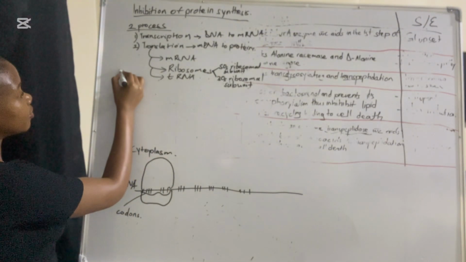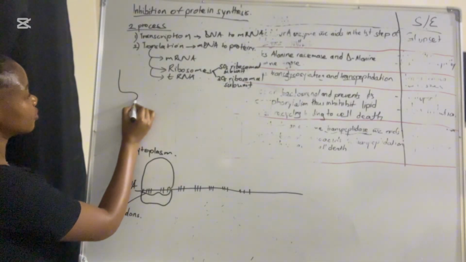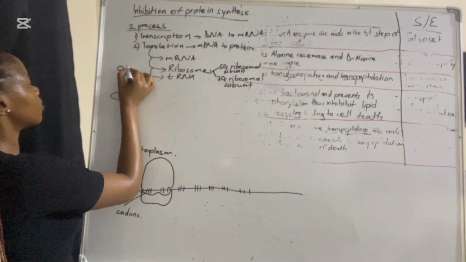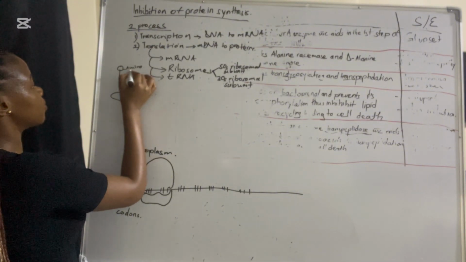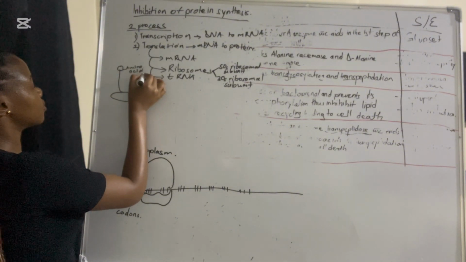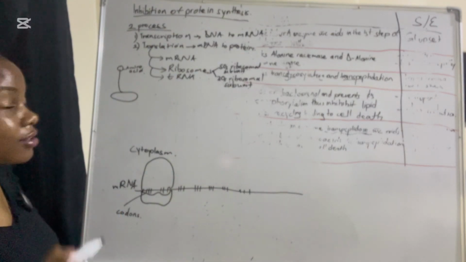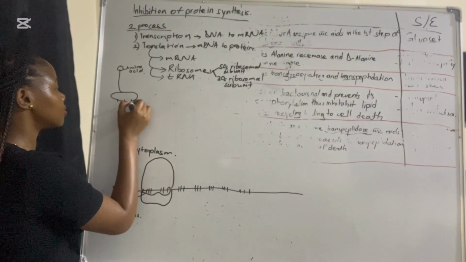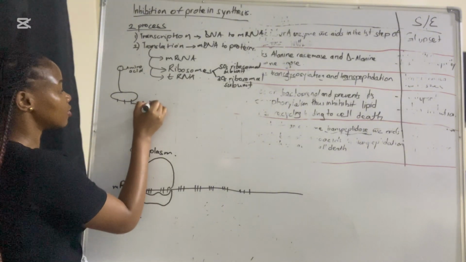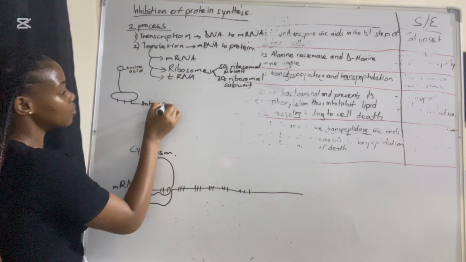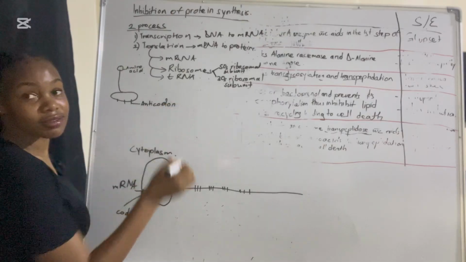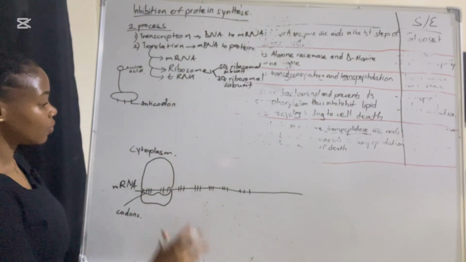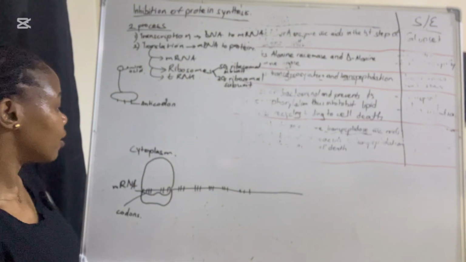The transfer RNA is always carrying an amino acid, and it has other components known as the anticodons. These anticodons are the ones that are continuously going to pair up with the codons on the messenger RNA.